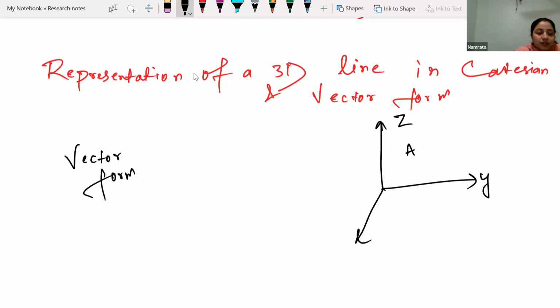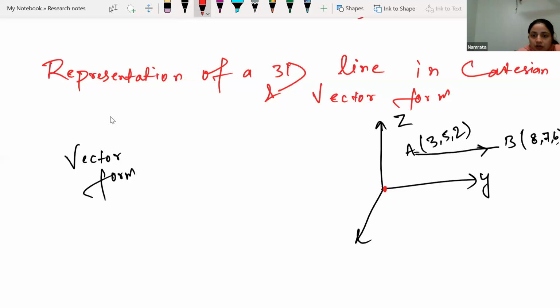So let's say we have one point A, the coordinate of which is 3, 5, 2. And we have another point B, the coordinate of which is 8, 7, 6. Now we have to find AB. We can join it like the previous one.